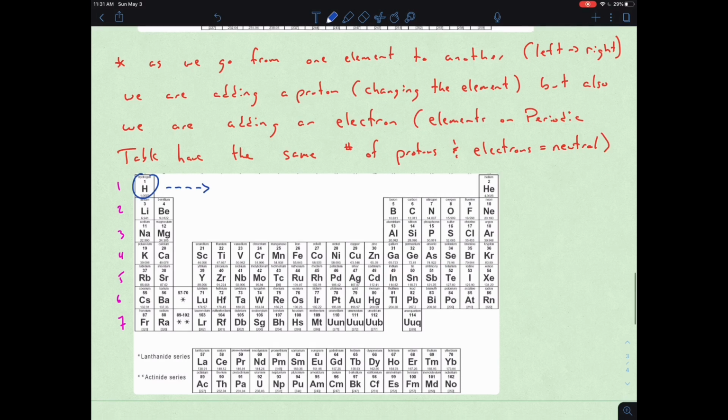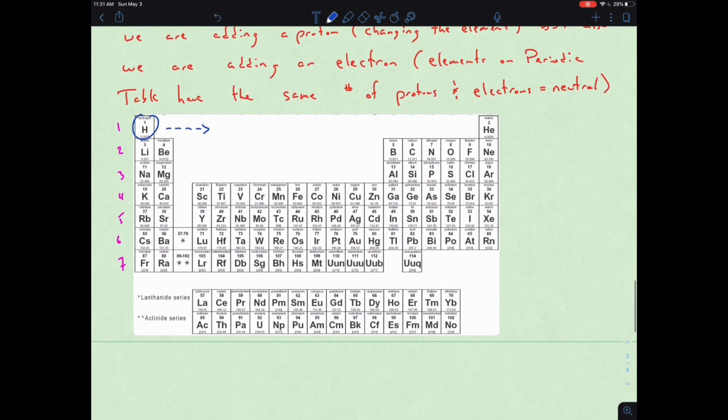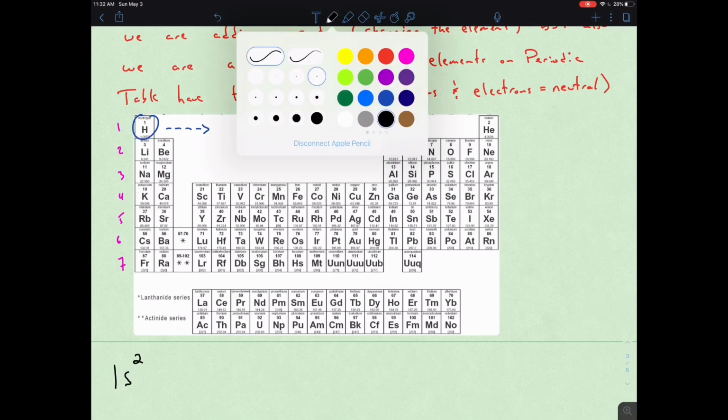The hydrogen atom has one electron. It is in the 1s orbital. As we then go to helium, helium has 2 electrons, and that's also in the first level. So once we're full, we would have 2 electrons in the 1s orbital.